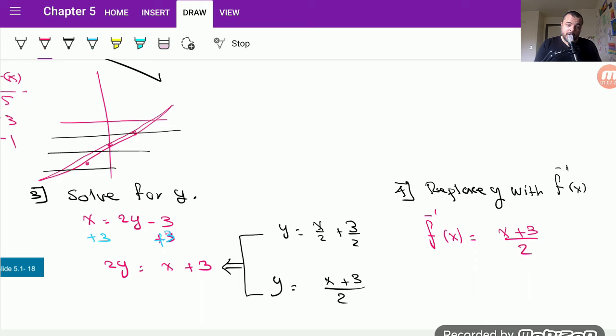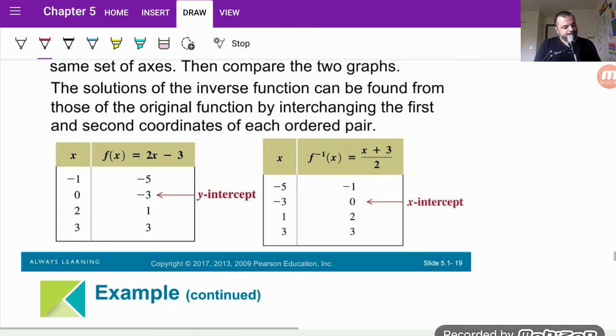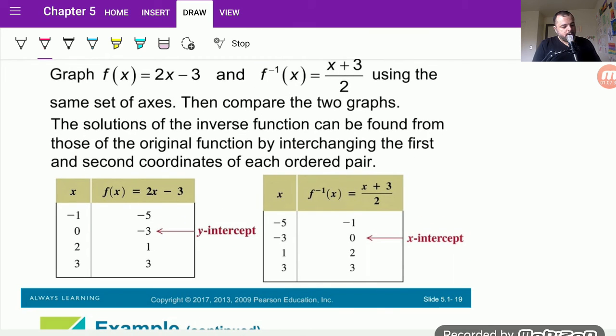And if you would like to check whether this is really the inverse, you can create another two tables and compare them, or you can graph them.